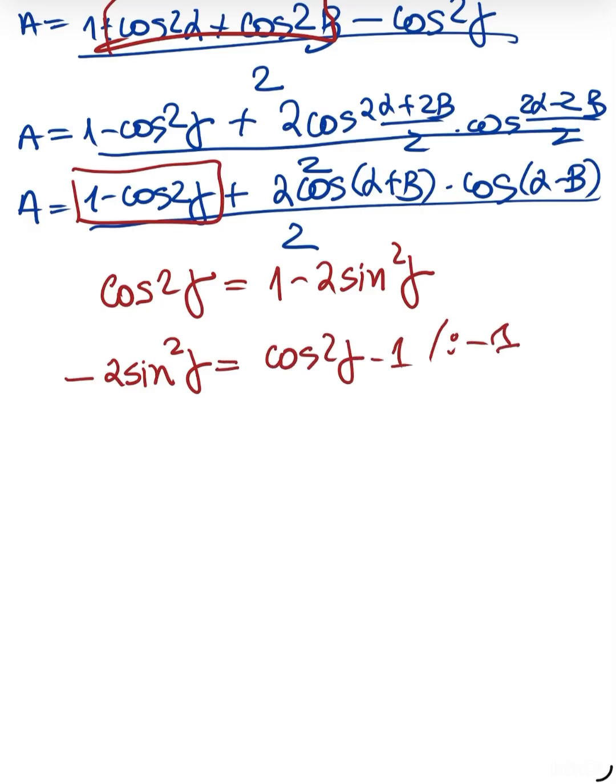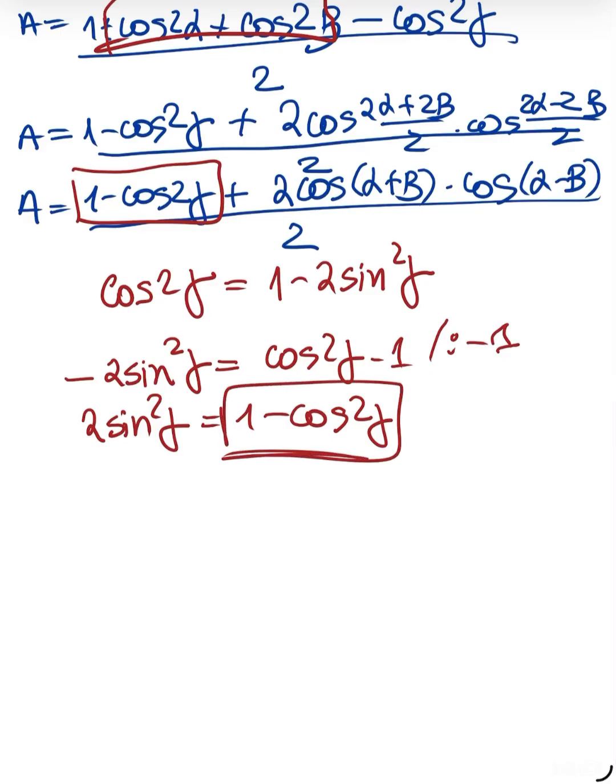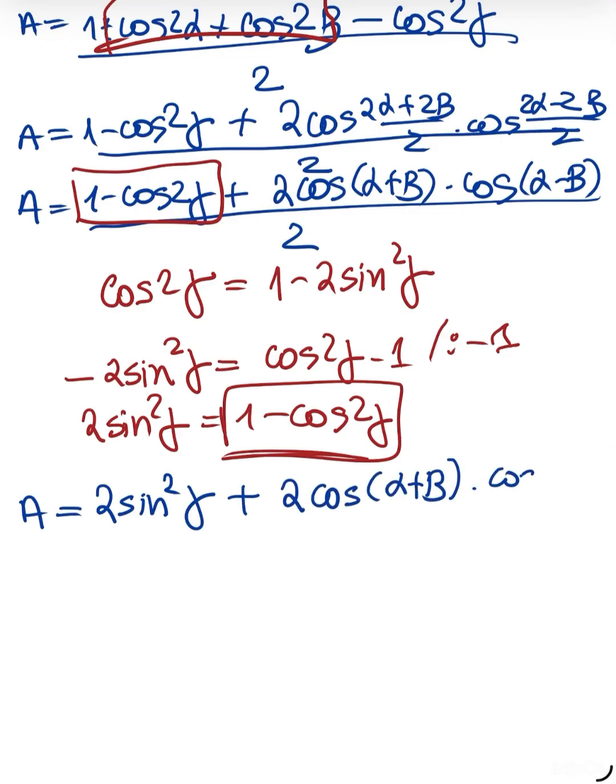Dividing by minus 1, we obtain 2 times sine square gamma is equal to 1 minus cosine 2 times gamma. So our part of the expression 1 minus cosine 2 gamma is equal to 2 times sine square gamma. So A is equal to 2 times sine square gamma plus 2 times cosine alpha plus beta times cosine alpha minus beta divided by 2.